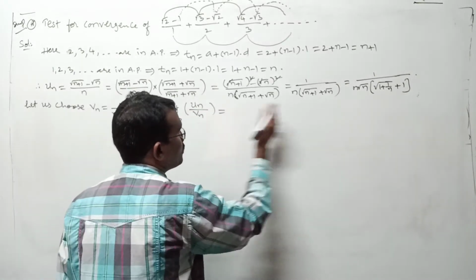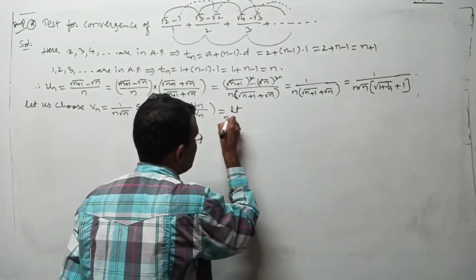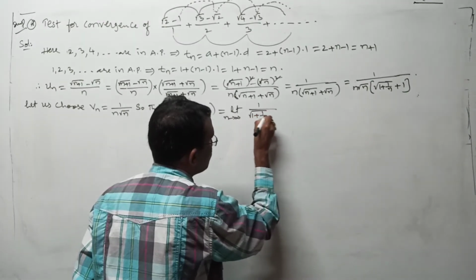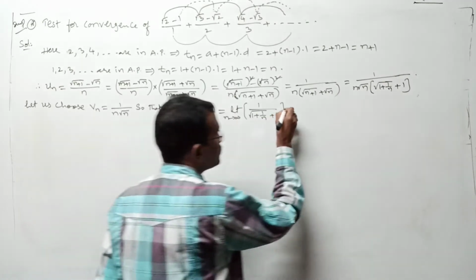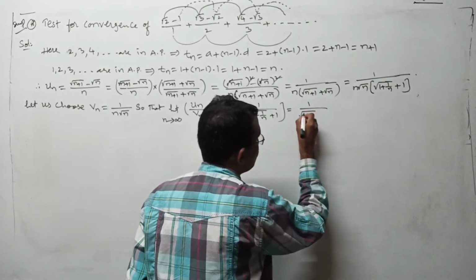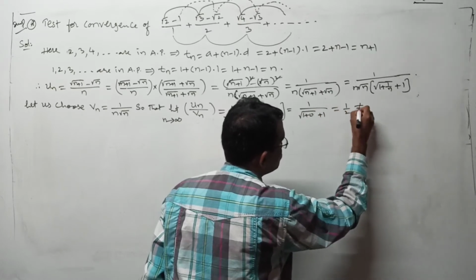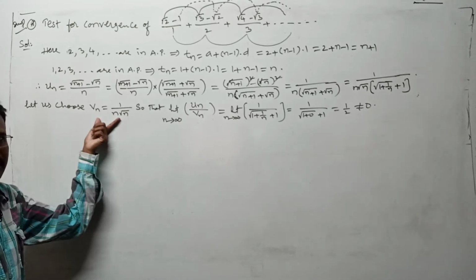These two things get cancelled. It should be limit as n tends to infinity of 1 by root of 1 plus 1 by n plus 1. Any problem here? This is 1 by root 1 plus 0 plus 1. It should be 1 by 2, which is a non-zero real number. So this selection is absolutely correct.